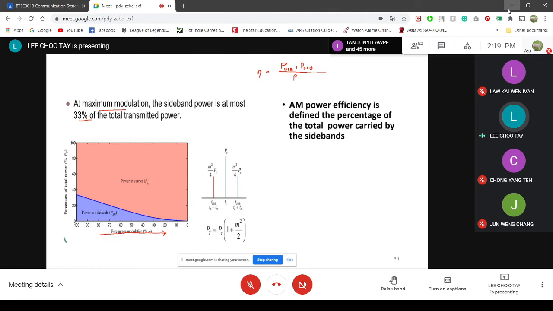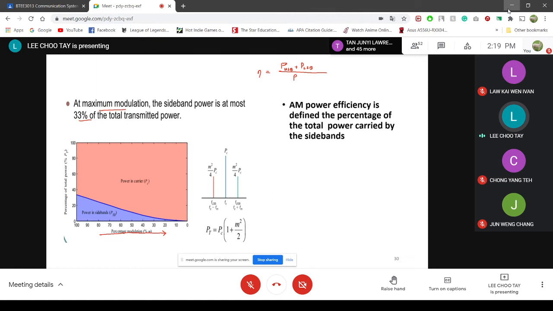The efficiency decreases when the modulation index decreases.